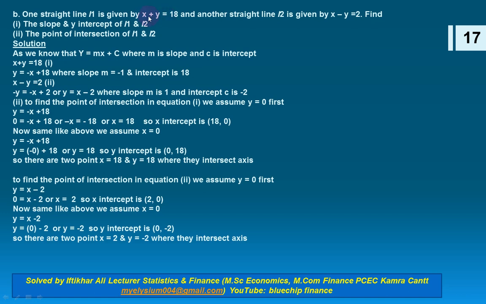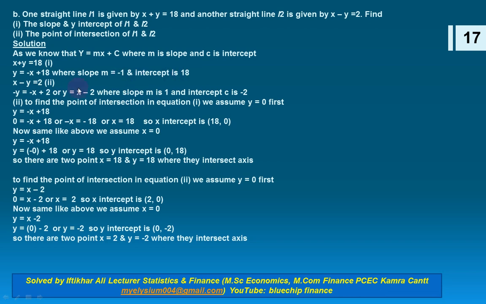We want to separate this y, so this plus x goes to the other side of the equation and turns to minus x. So y equals minus x plus 18, where the slope is minus 1, because the coefficient of x represents the slope, and the constant is always the intercept. So the slope is minus 1 and the intercept is 18.